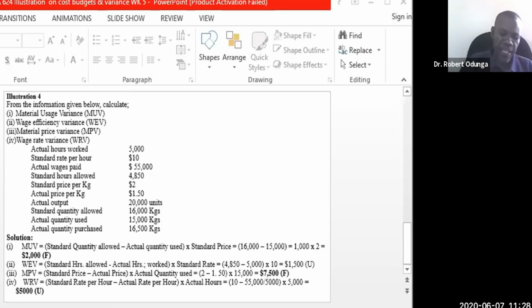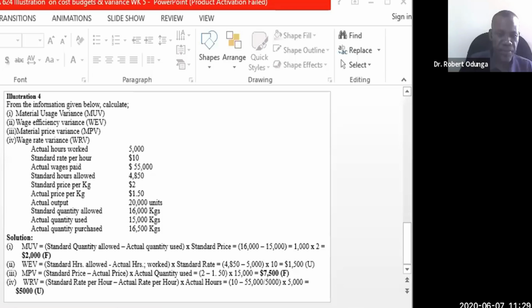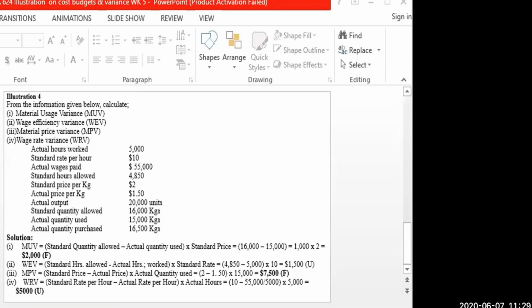And then the wages efficiency variance is given as the standard hours allowed minus actual hours worked, times standard rate.